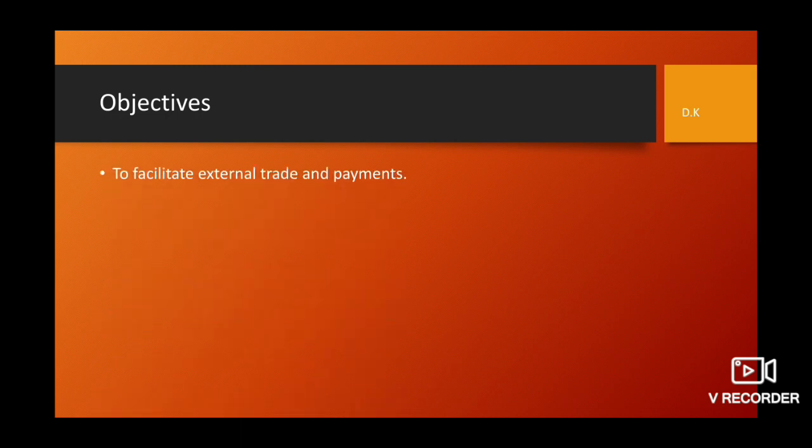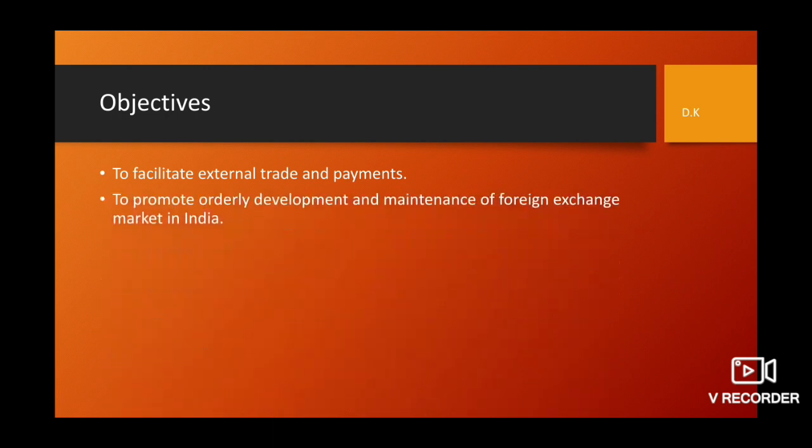Objectives. What is the purpose? Why has this act been created? The act aims, as said in one sentence in the act, to consolidate and amend the law relating to foreign exchange with the objective of facilitating external trade and payments, and for promoting the orderly development and maintenance of foreign exchange markets in India.